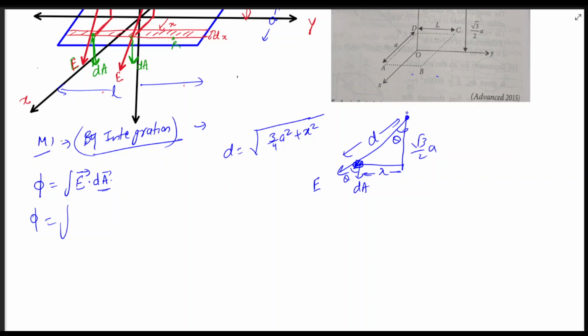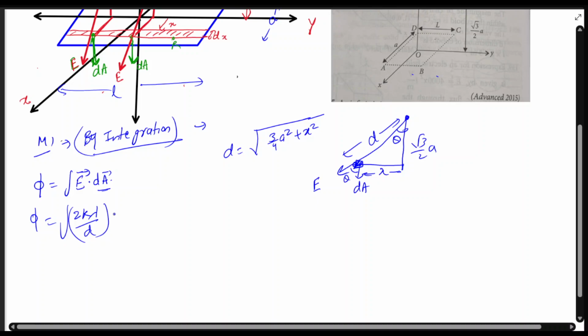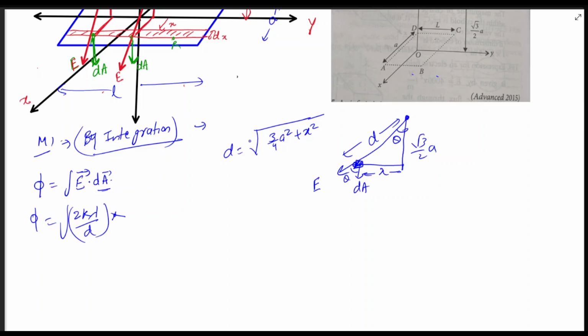This is our wire, it is going inside the plane. So it will be 2k lambda by d, times, we can write this area vector as L into dx, into cos theta.